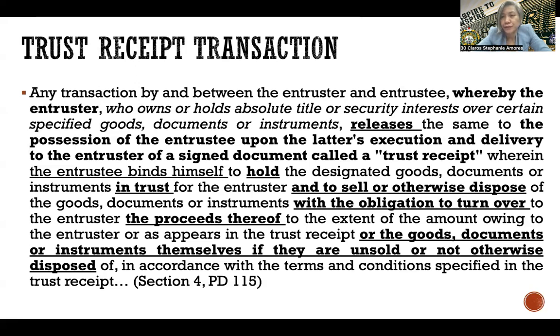So it is quite lengthy to memorize. I suggest that you break it down into its important clauses, and that's what we are going to do in the subsequent slides. But the key concepts that must be captured in your definition of a trust receipt transaction is that it must first mention the parties, which are the entruster and the entrustee.